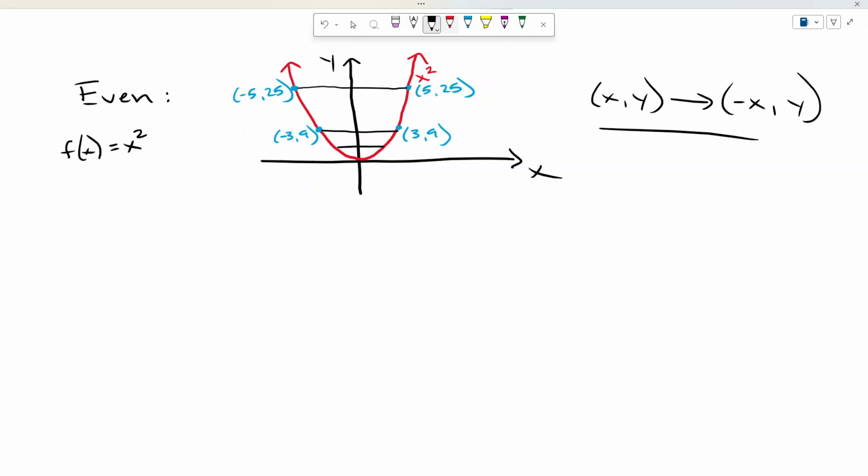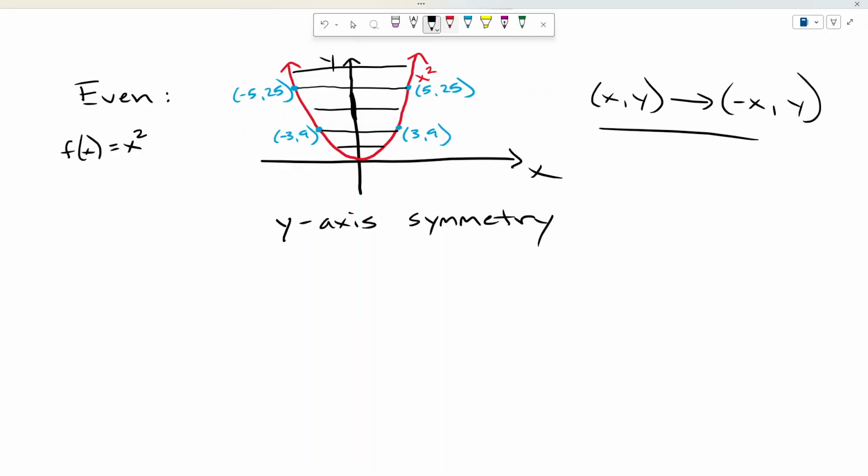It's going to be symmetric about the y-axis wherever we go on x squared. And when that is the case, let me write it in here. So this is even, and we have y-axis symmetry. So that's how we can tell, just purely based off of a graph. If it has y-axis symmetry, it's an even function.